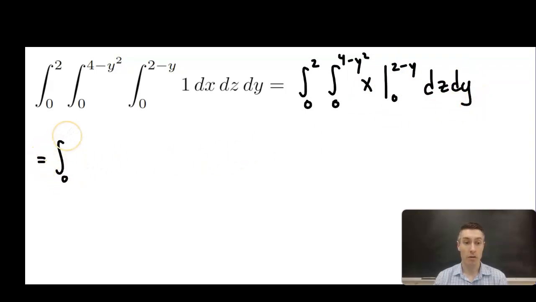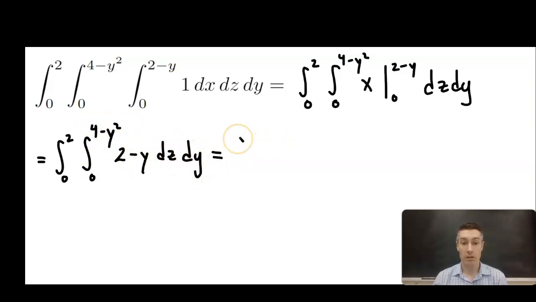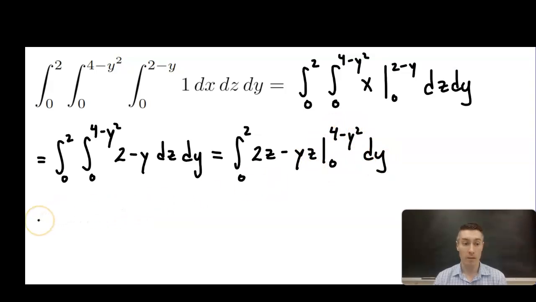So we're going to go integral from 0 to 2, integral from 0 to 4 minus y squared of 2 minus y, dz dy. Integrating with respect to z now, well, there are no z's, so we get 2z minus yz from 0 to 4 minus y squared dy.